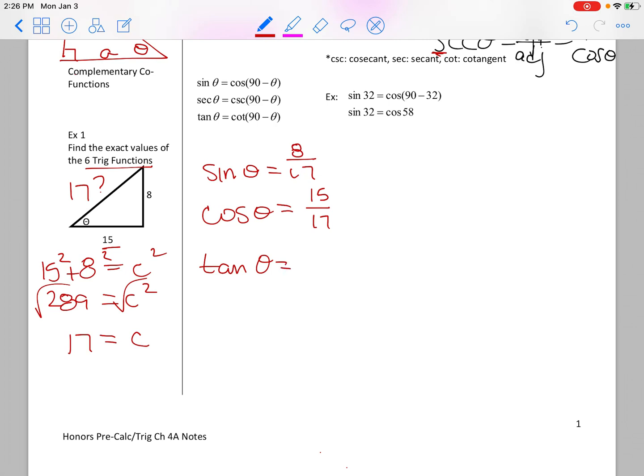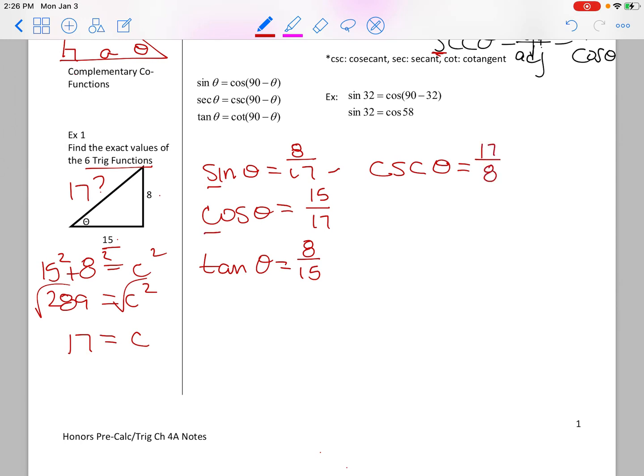And tangent is opposite over adjacent, which is 8 over 15. Now to get the other 3, it's just the reciprocals. Sine starts with an S, so its reciprocal starts with a C: CSC, cosecant of theta. I'm just going to flip this over. It becomes 17 over 8.